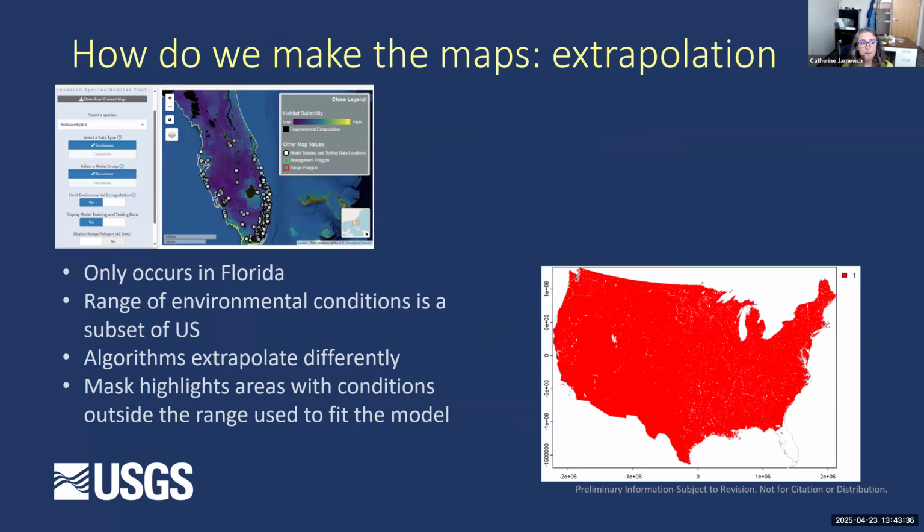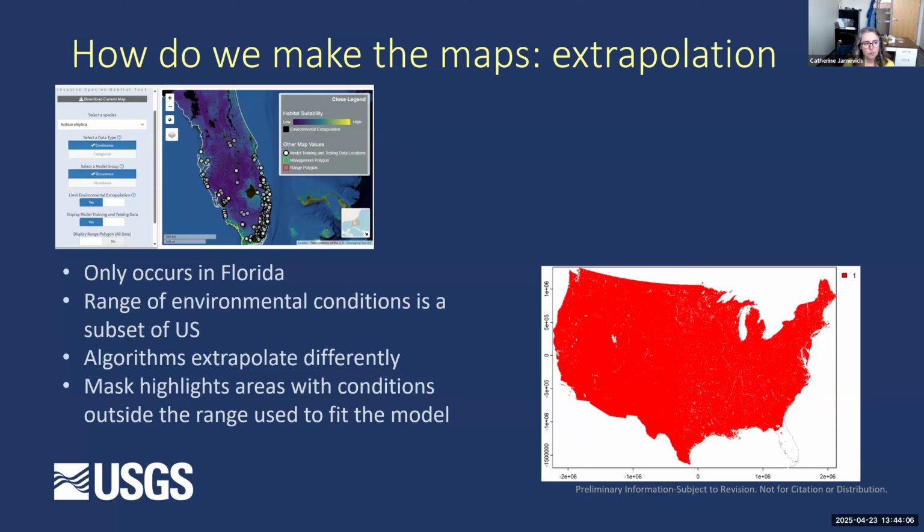So how do we make the maps then? We have these fit models, and one thing that we've thought a lot about is extrapolation. For example, a lot of species we've had requested to model from people in Florida maybe don't have a distribution in the rest of the US, so we're not capturing those broader environmental gradients in the rest of the country.